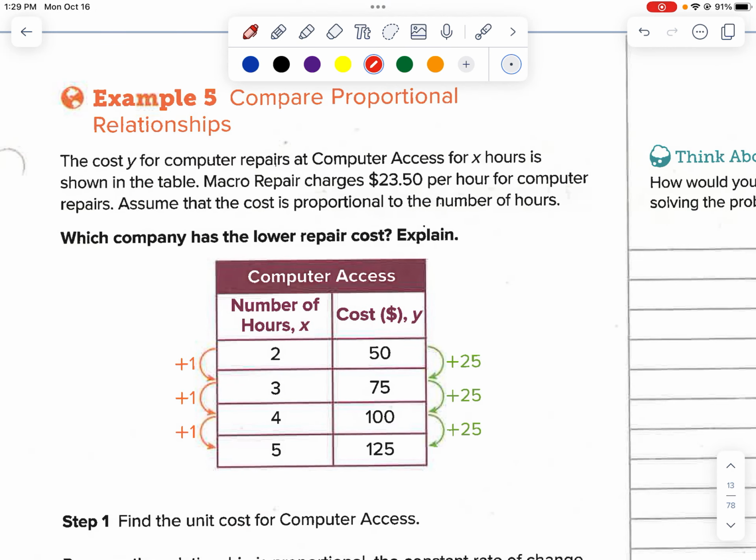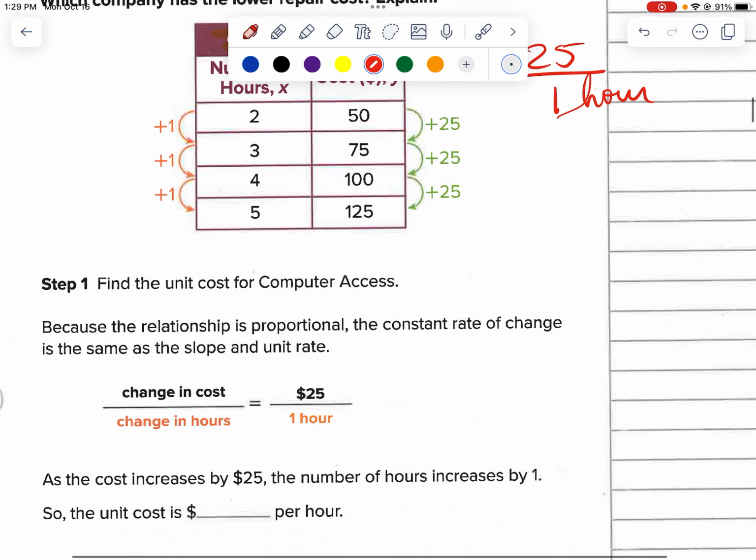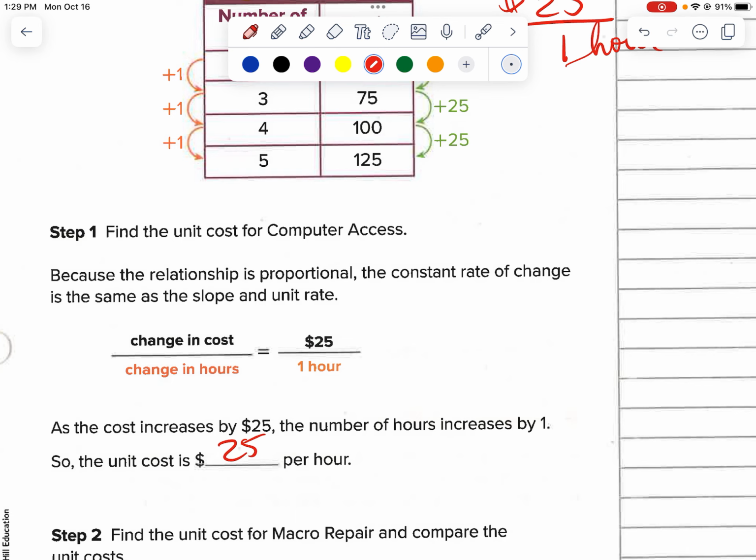So now the cost y of computer access for x hours is shown in the table. Okay, so if I'm talking about computer access, that's right here. So let's look at how much it is. It's going up by $25 per 1 hour. So for computer access, it is $25 per hour.